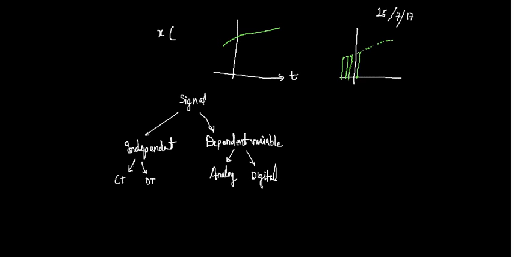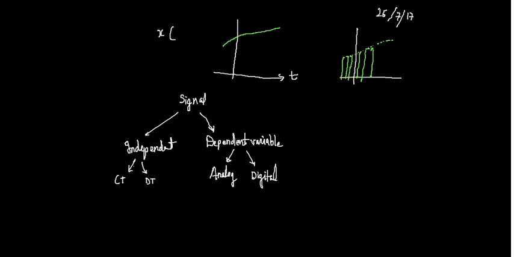Tell me, what kind of signal is this? You should not say it like that. You just classify in between these two. Is it discrete time? First you look at the time. Is it discrete time? Yes, indeed. Is the amplitude discrete or continuous? It's continuous, it can take any value. So it's an analog discrete time signal.